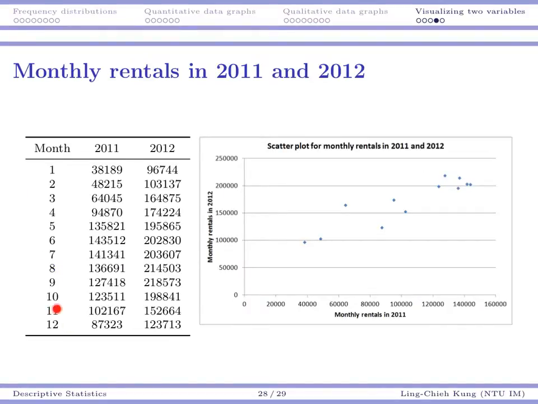Let's talk about the monthly data first. We have all this data. For January, we have two numbers, one for 2011, the other for 2012. And for February, that's the same thing, and so on. So we can plot them onto a scatter plot. For example, for January, we have around 40,000 and around 100,000, and this is exactly this point.